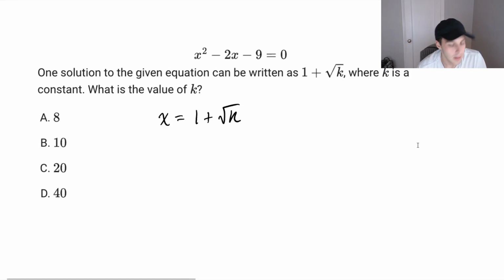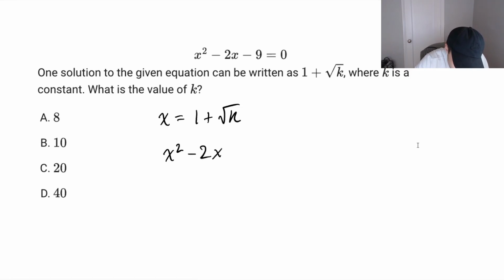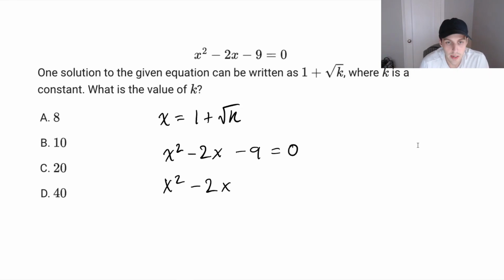So, one way we could do this pretty quickly: x squared minus 2x minus 9. We know this is equal to 0. Okay, x squared minus 2x. If we were to turn this into a perfect quadratic, or a perfect binomial, I forget what the term is, we can just do +1 and then -1 from this.